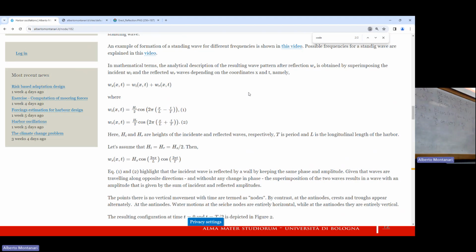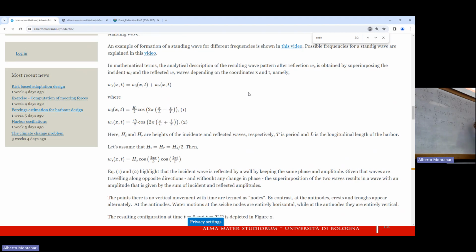Okay, so in order to get a node here, in this situation we have the summation of this.